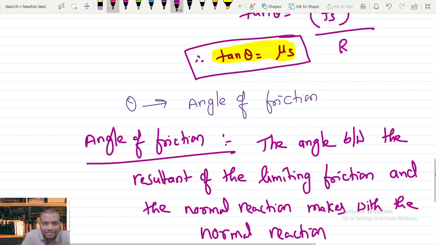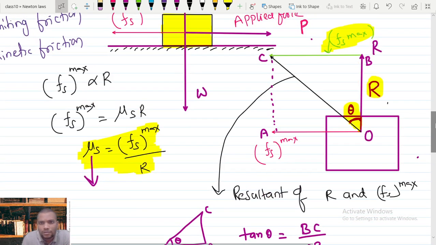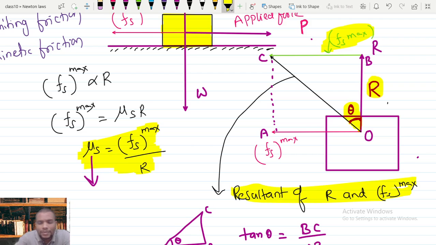It is just an angle. This is very important: the angle between the resultant vector of the limiting friction and normal reaction, made with the normal reaction. So here theta we define as the angle of friction.